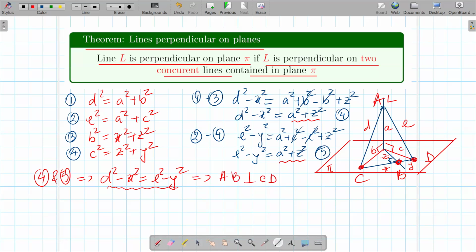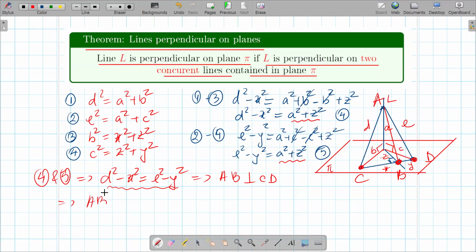So let me connect A with B. So AB is perpendicular on CD. Well, and how is this useful? Well, actually, we can express AB now. We can express AB from this right angle triangle, ABC, or from the triangle ABD now.